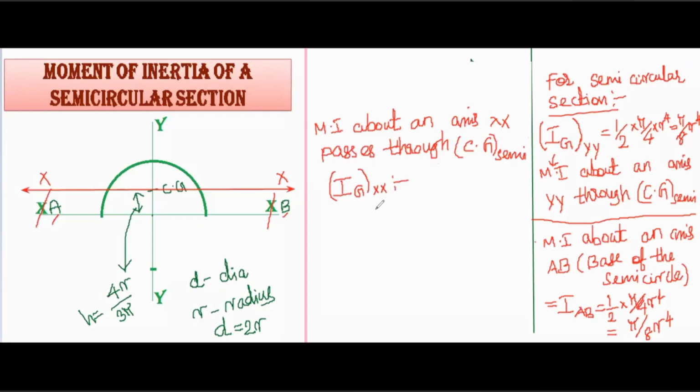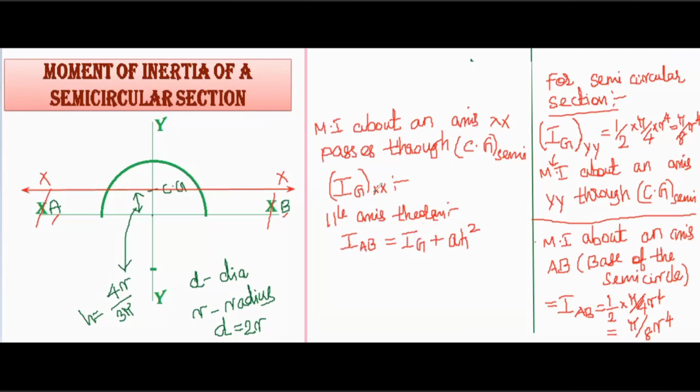We know that as per the parallel axis theorem, IAB equals IG plus A h square.